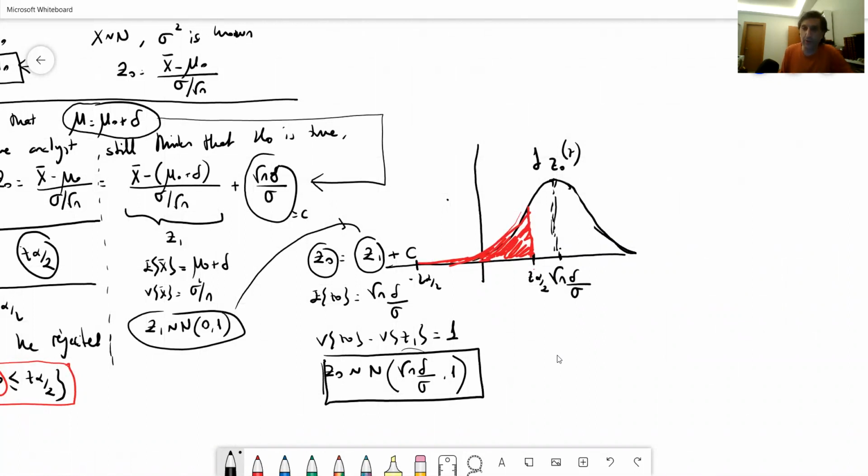So what we are going to do is subtract square root of n delta over the standard deviation from Z0 to standardize this. Now call this Z prime, a standard normal distribution with mean zero and standard deviation one.